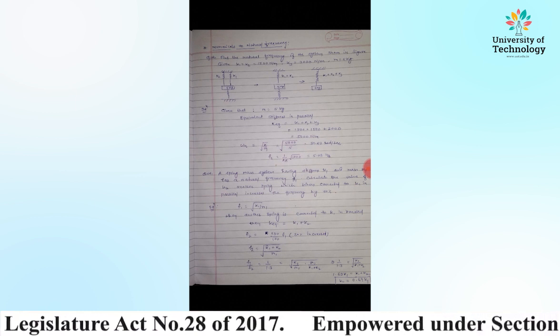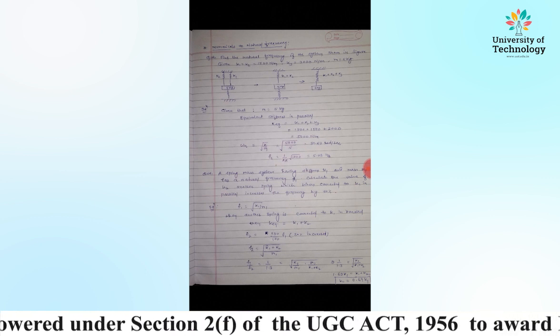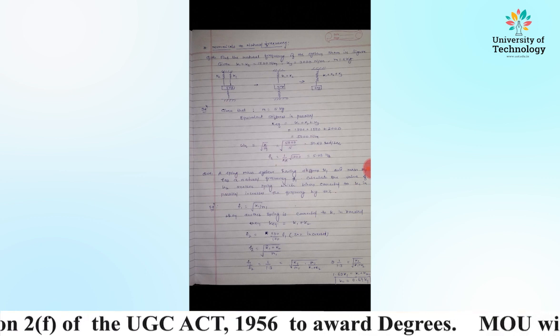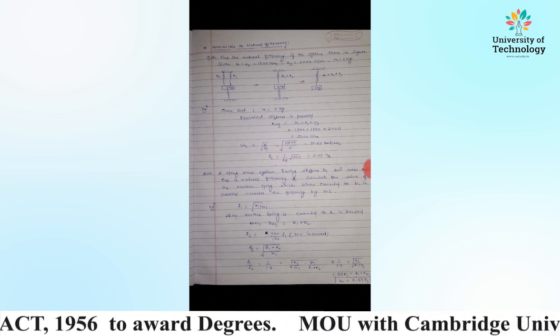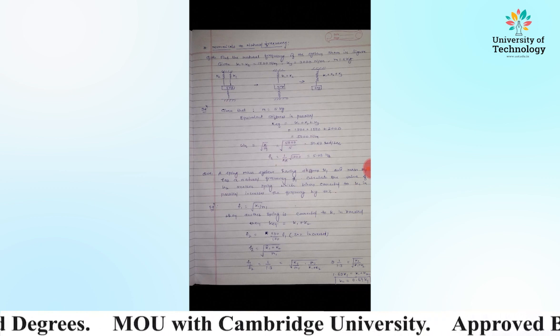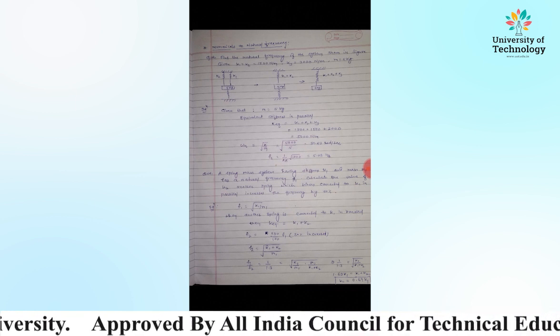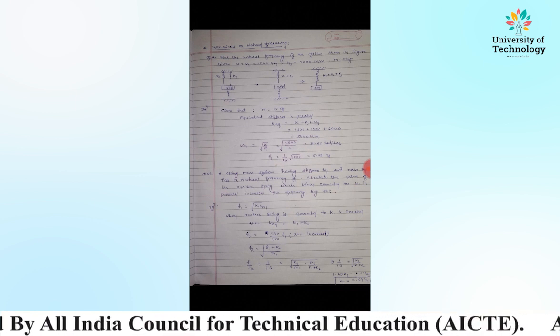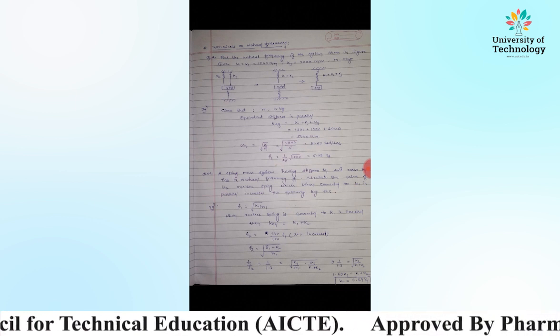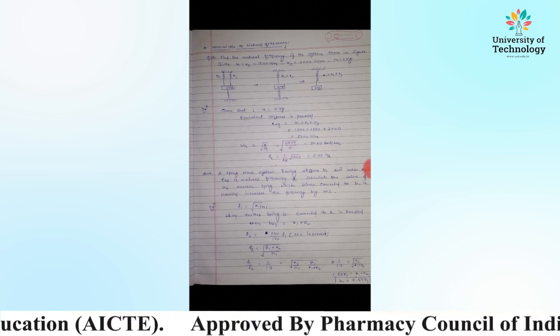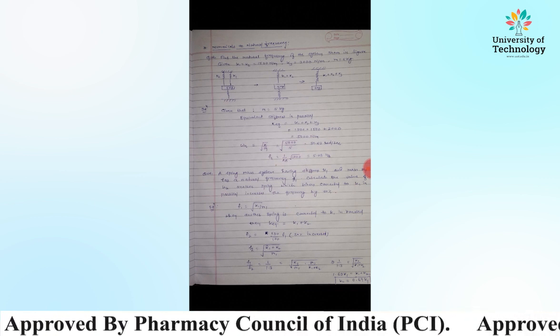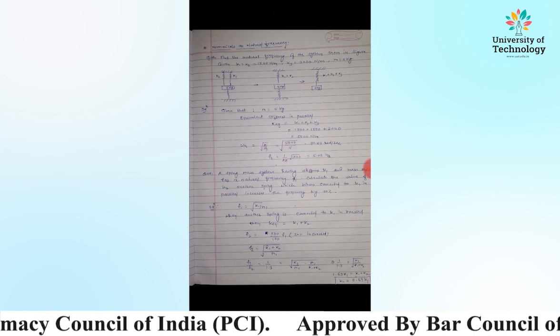We know that frequency is equal to root of K by M. Then the first frequency F1 is equal to root K1 by M1. When another spring is connected to K1 in parallel, then the net stiffness of springs K1 and K2, that is K equivalent, will be K1 plus K2.